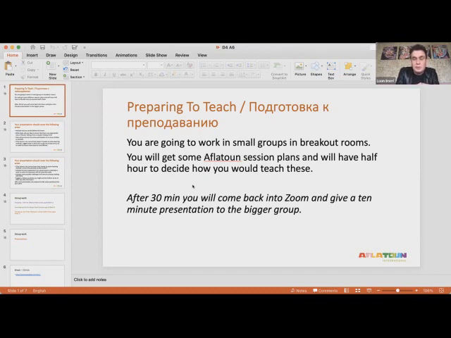Within the group, you will have to choose one leader or facilitator who will facilitate the process, and together with him you will work on the presentation. You will need a maximum 10-minute presentation after you come back, but you will have 30 minutes to prepare it. That is the idea. I will give you instructions on the key elements to be careful about.